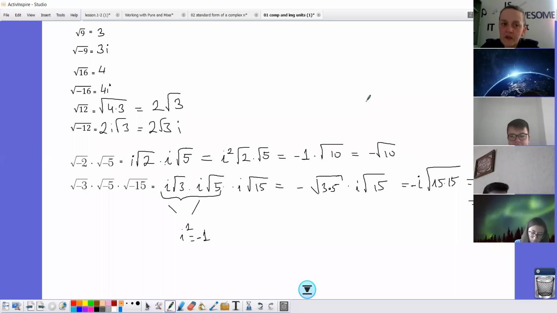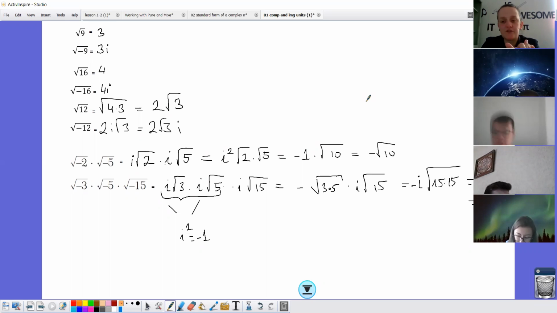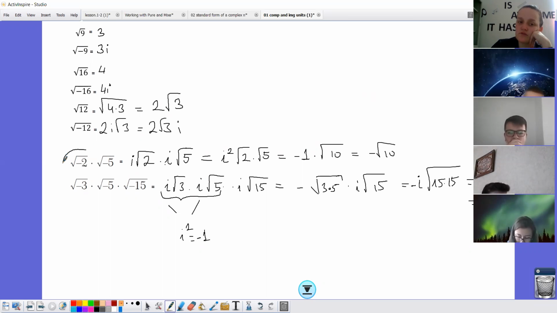Okay. So the first part of complex numbers is the imaginary unit. What is the imaginary unit? Root of minus 1 is the imaginary unit. This imaginary unit helps us get rid of cases like root of minus 2. Like this, I cannot work.